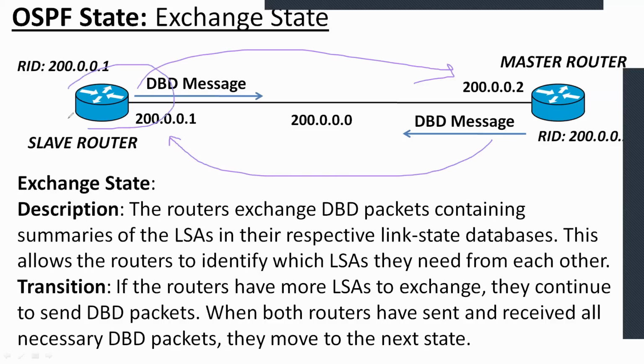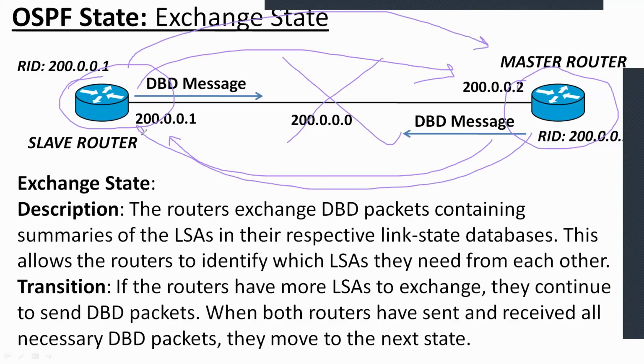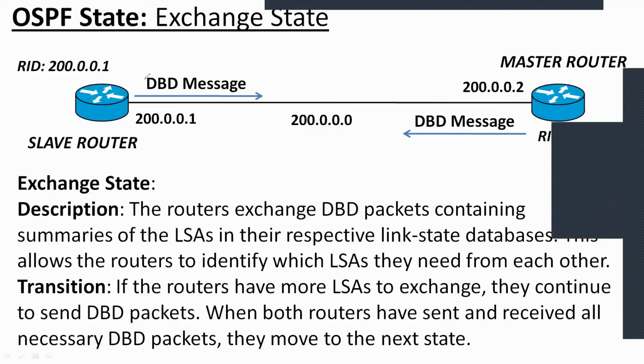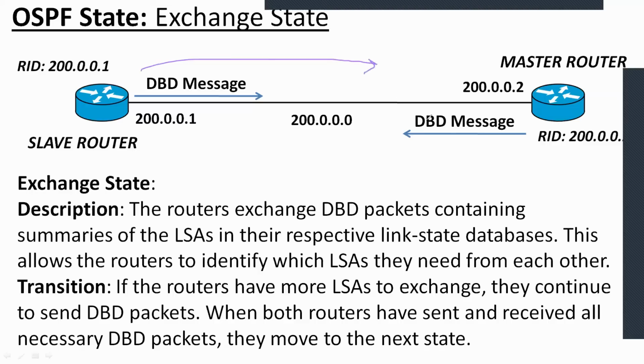If the description matches, then that is okay. If the description does not match, then a request message will be forwarded, and then the entire database will be forwarded in the form of LSU, but that will be done in our next state, called the loading state. In the exchange state, only the DBD packet will be forwarded.